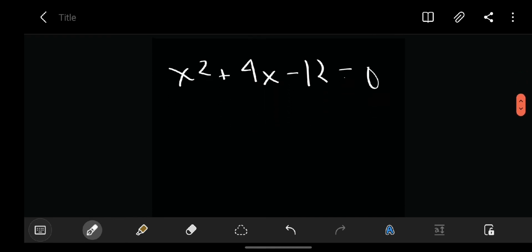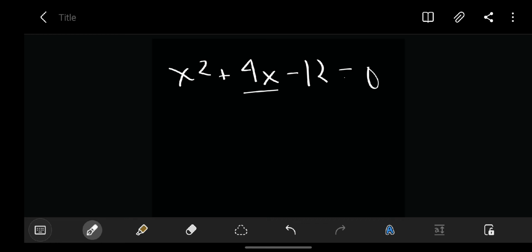First, how are we going to factor this? Let's find the factors of 12. We've got 6 times 2, then 4 times 3. When we find the factors of 12, they need to sum to this b, this one. So 6 times 2 can work, but the 2 needs to be negative.